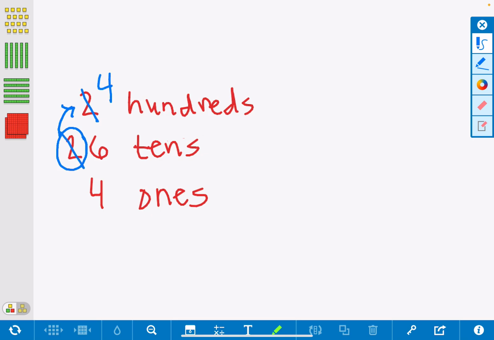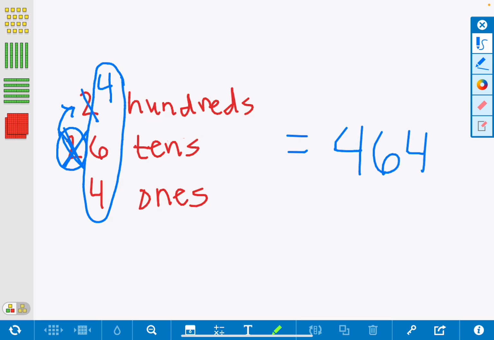I can cross this out of the tens right down here because we moved it. Now I'm all done. This is my number. 464. And that's the answer. So if you have 2 hundreds, 26 tens, and 4 ones, you get 464.